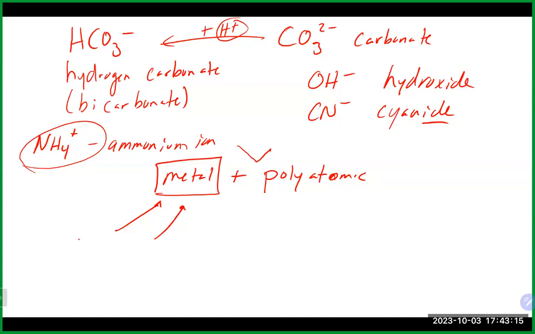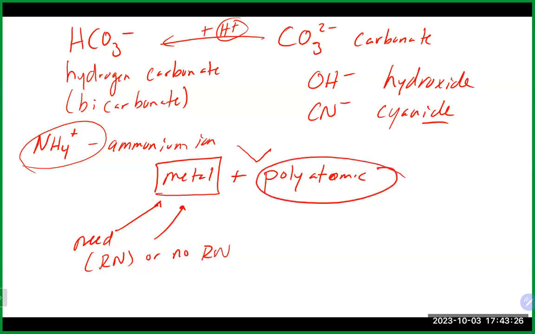So we'll either need a Roman numeral or no Roman numeral, right? It depends on if it's a type 1 or type 2 compound. In terms of the polyatomic ion, they're pretty simple once you learn them: you just use the whole name of the polyatomic ion. And it does not matter if you have more than one of them, you just use the whole name.